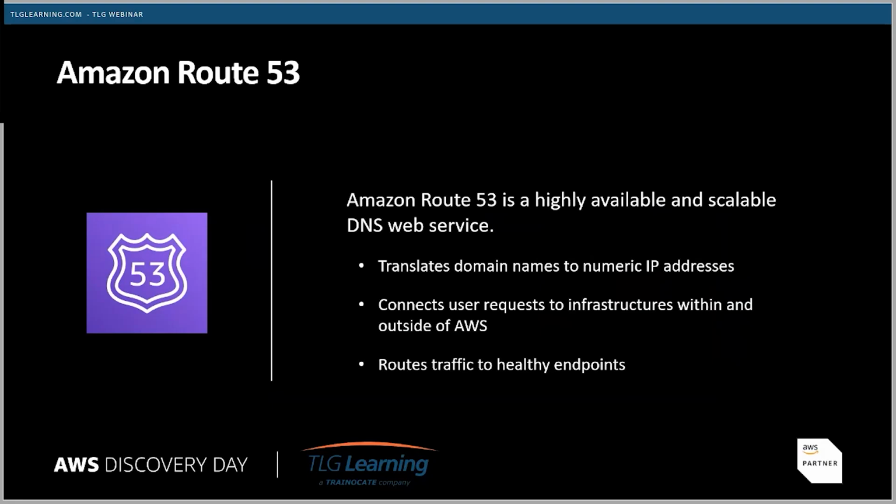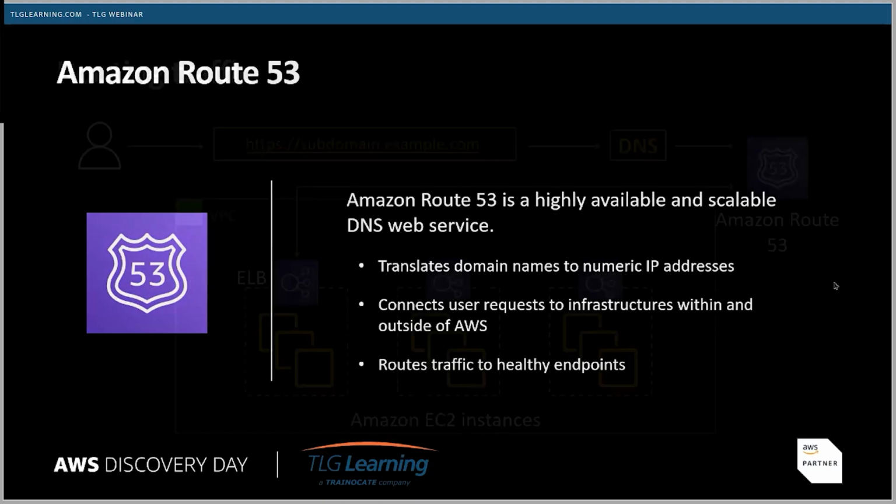Use that for name resolution, either internally, meaning just private name resolution inside your VPC, or public name resolution so that your customers can find your website. So we host that in Route 53 and use that to host your DNS zones and perform your name resolution for you.